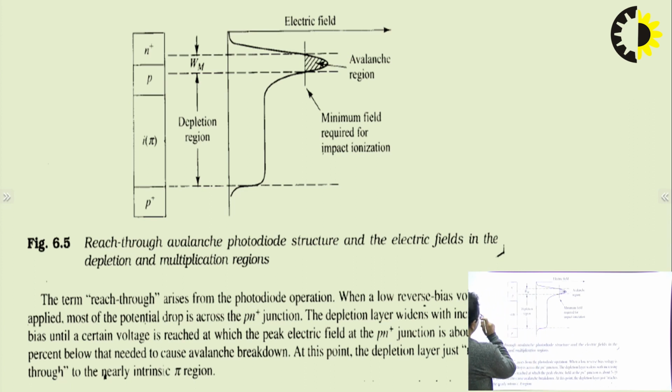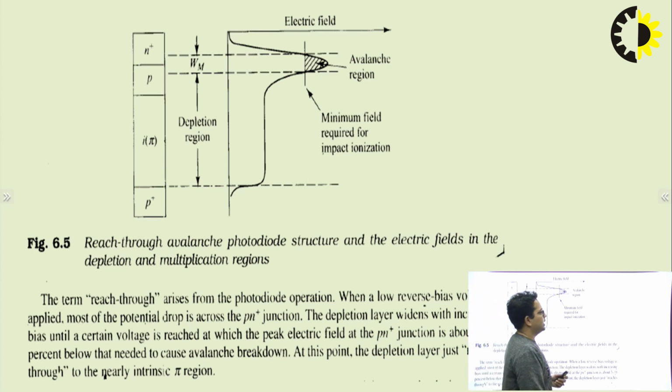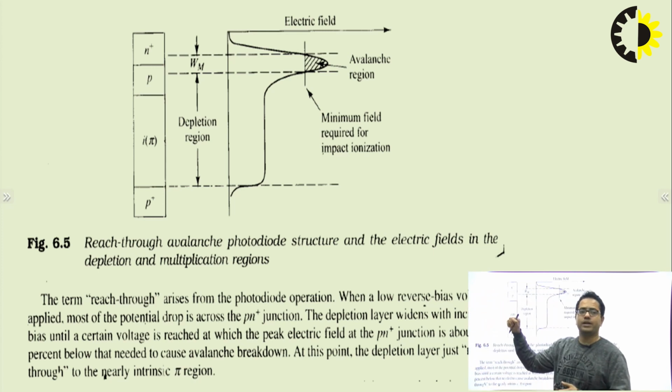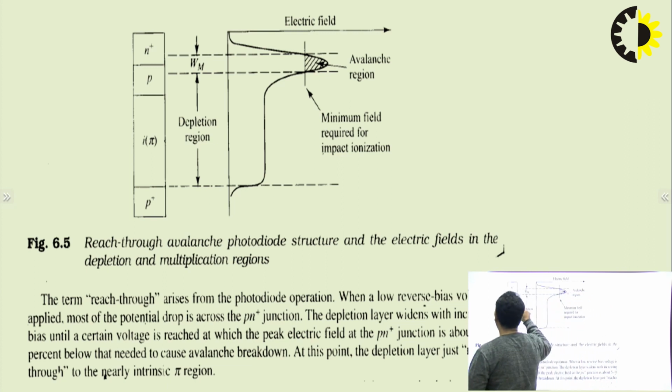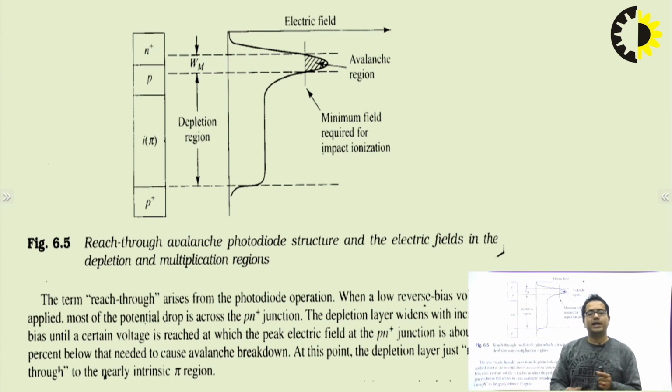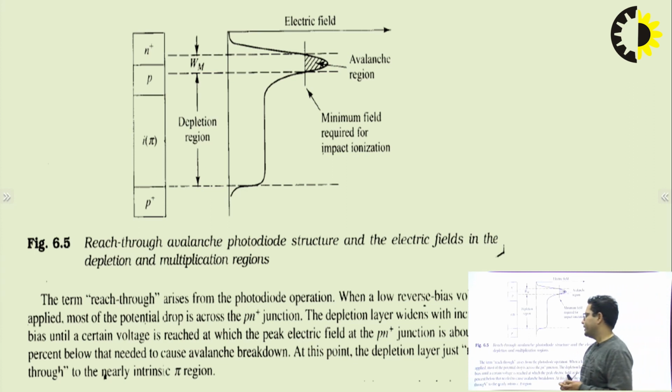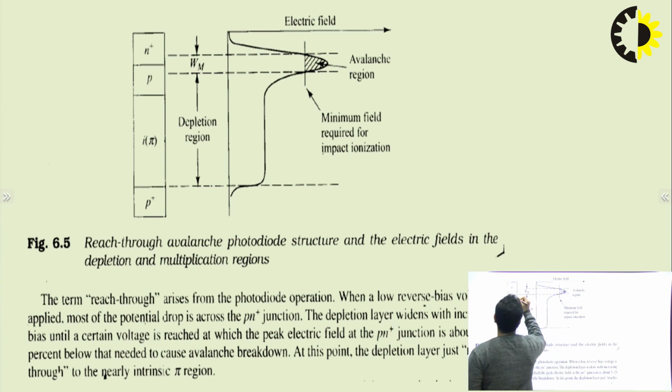We have highly doped regions at the extreme ends, and after these we have a p-type region which is slightly doped with respect to the earlier one, that is n plus. Then we have a wider depletion region, which is the intrinsic region, very lightly doped.